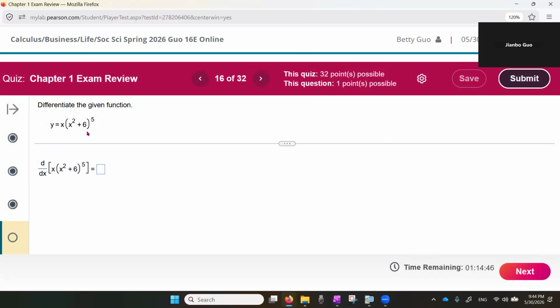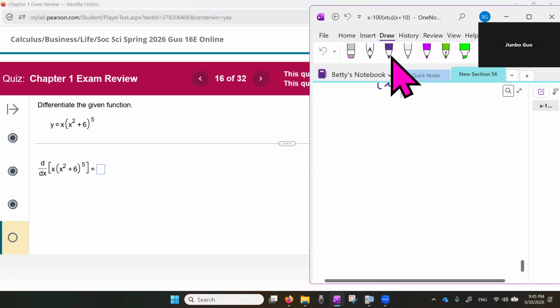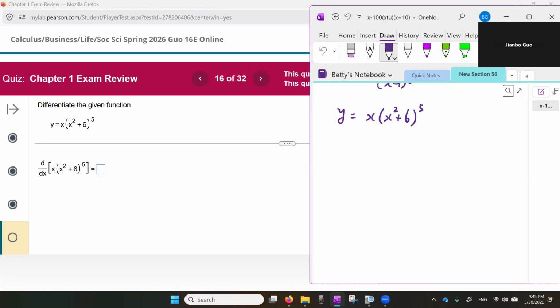Next. Question number 16. Differentiate. For this problem, since the degree is 5, I do not recommend you expand it and then take the derivative. I would say use the product rule. So this problem actually is designed to apply the product rule. We use the product rule. Y equals x times x squared plus 6 to the power 5.